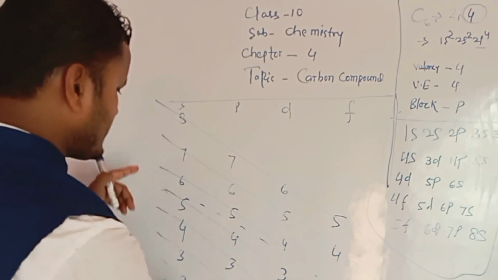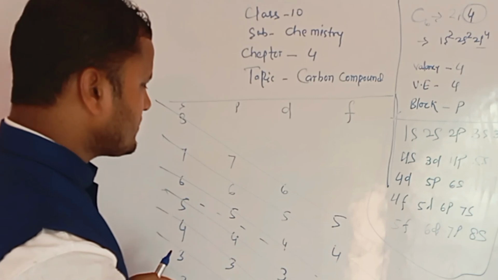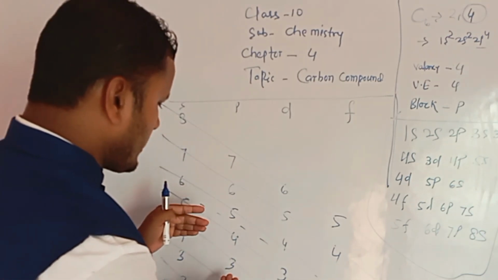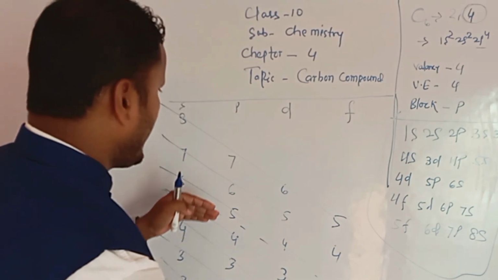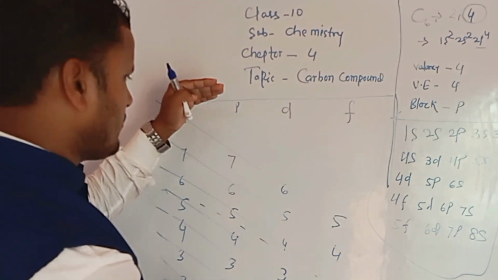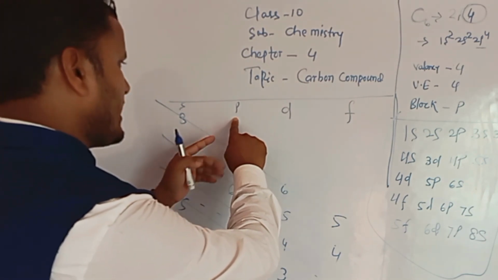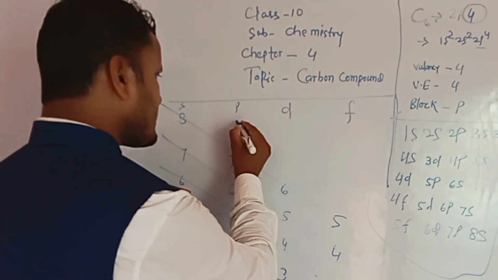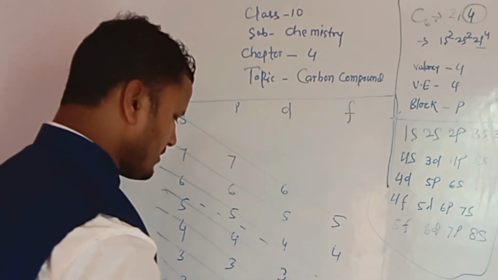In this line, 1 to 8 digits are here. In the second line, we remove one digit from above and below. In this line, 8 digits are here, so we have to cancel it. Here 8, but we remove it. Here is 1, we remove 1.